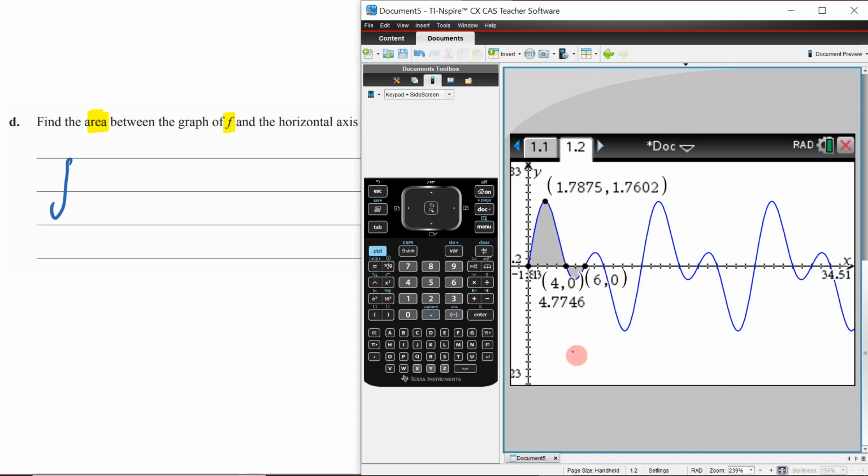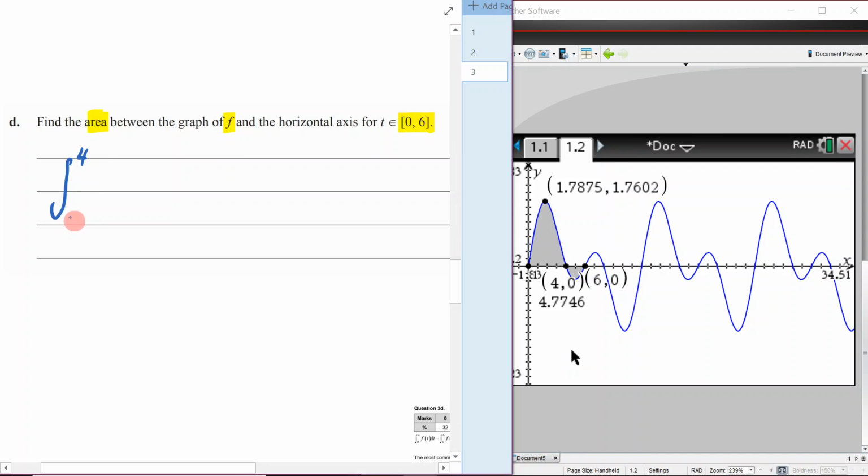So I'm going to go from 4 to 0 of f of t, let's make sure we use the right notation here, dt. And now I need to do the same thing for this area right here. Notice that it's beneath my x-axis, so that means I'm going to subtract the integral from 6 to 4 of f of t dt. Ooh, another mistake, dt.